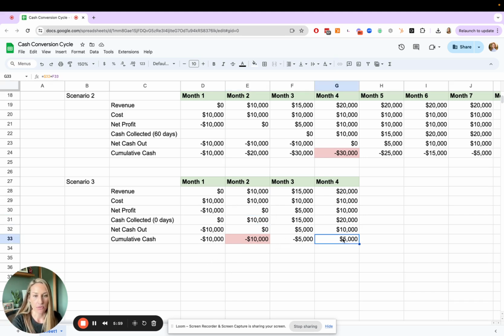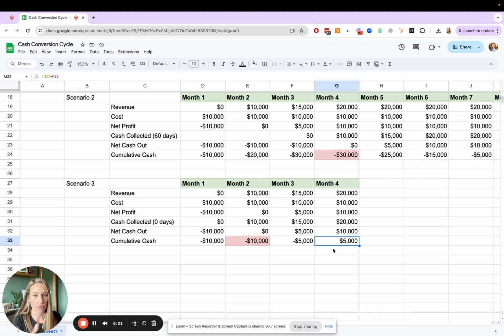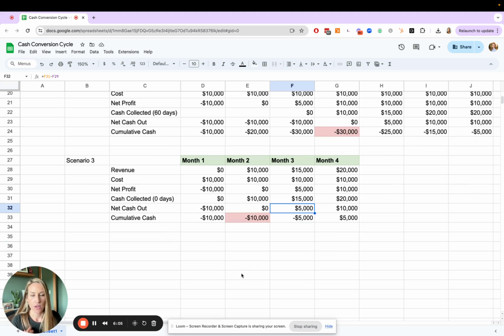And by month 3, we're cash flow positive, and by month 4, we're not burning anymore. We're making cash. So that, my friends, is why when I tell you to please get paid up front, to please use electronic methods for getting paid, this is why, because you can literally go bankrupt if you let your AR get out of hand.